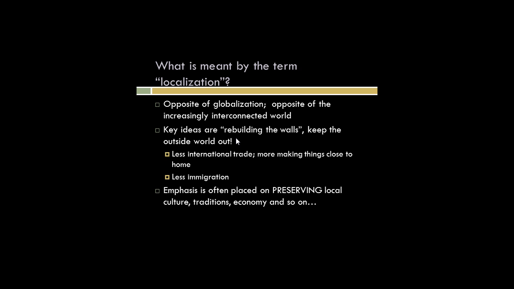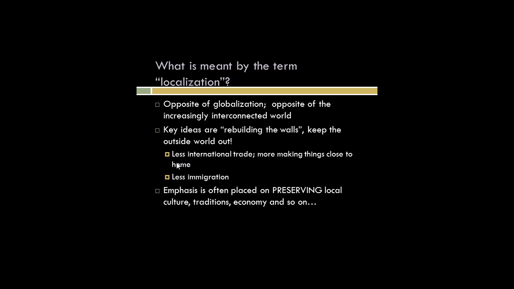Another way of looking at this, then, is that localization is quite literally a response to globalization, where what we want to do is basically keep the outside world out. So let me give you two very general examples of what this process of localization might look like.